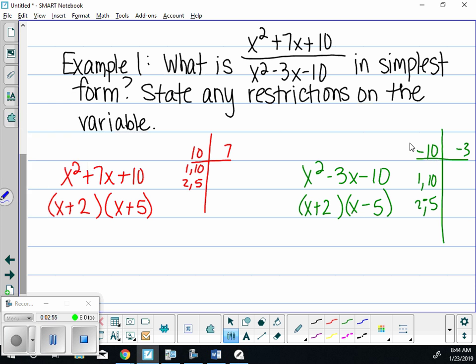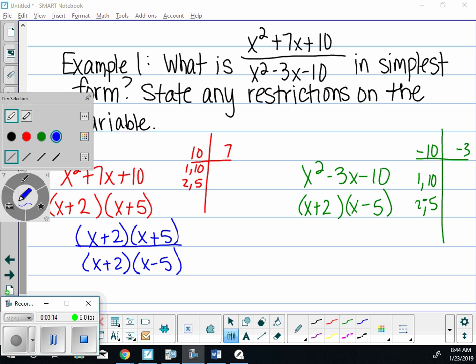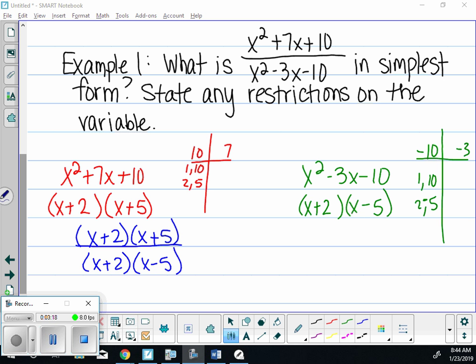So our original expression could be written as x plus 2 times x plus 5, over x plus 2 times x minus 5. So we factor the top, factor the bottom, and then we look at if there is anything that can cancel.